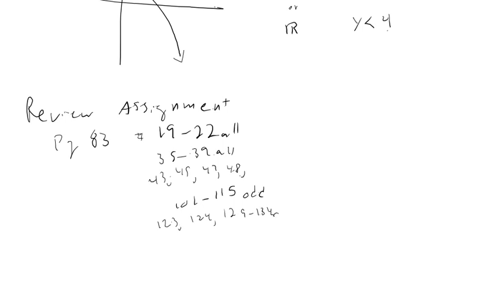Whoa, my gosh. That's a lot of it. How many questions is that? 19, 20, 21, 22, that's 4 questions. 35 to 39, 5 questions. 43, 45, 47, 48, 4 questions there. 101 to 106 and 115 odd, 8 questions there.